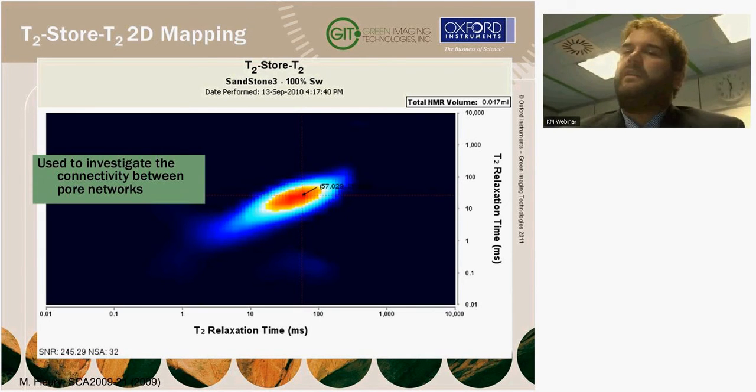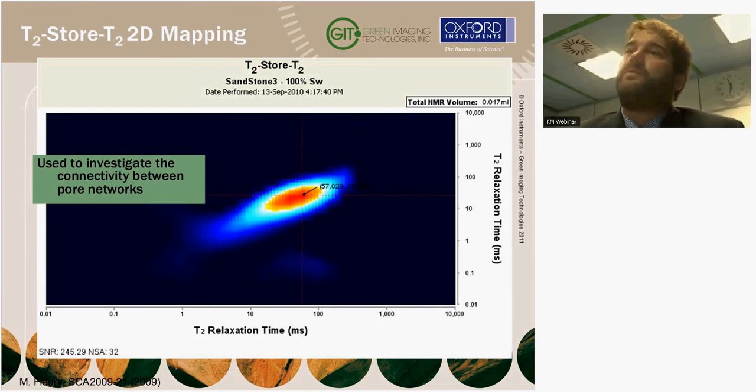Does the fluid that's in the small pore ever see the big pore? Importantly, the small pore volume can be quite large. It can contribute 33% of the total porosity. The permeability is going to be dominated by the connectivity in the large pore network. So how well connected the small and large pores are is directly related to the production of the well.